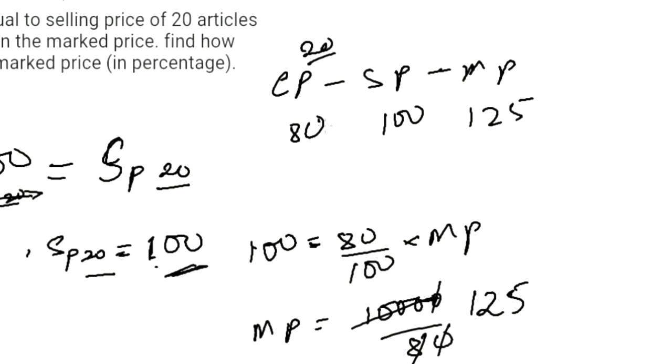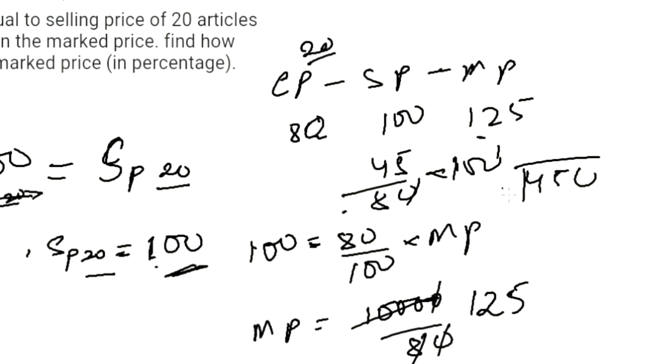And after this, the question asks you to find how much the cost price is below the mark price. So the simple question is how much above is this from here? So the difference, how much? 45, right? The difference is 45 divided by 80 into 100.